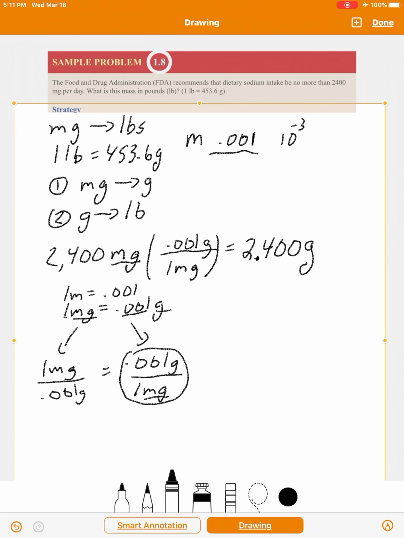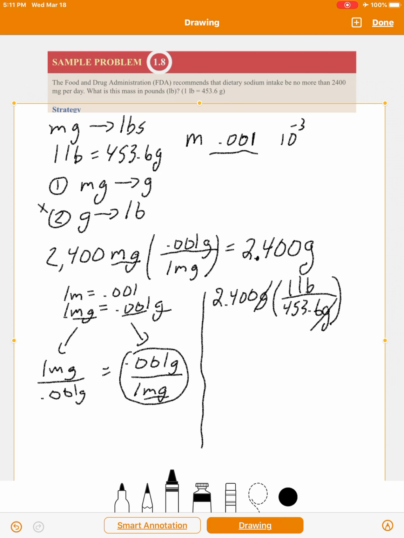Now that we've got grams, we can now do the gram to pound conversion, step 2. So I'll do that over here. 2.400 grams. And now, the conversion, we want to get into pounds, so we want to get rid of the grams. So 453.6 grams goes down here, and 1 pound goes up here.